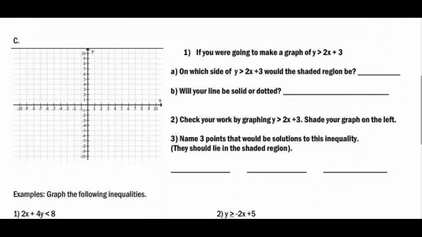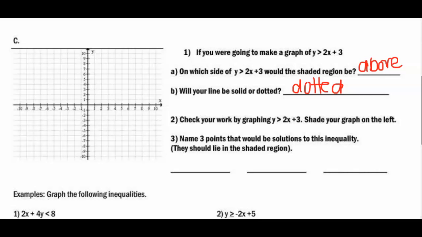Therefore, if you were going to make a graph of y greater than 2x plus 3 without even graphing it, you should be able to tell me that this graph will be shaded above. And my line will be dashed or dotted. Either one is fine. I accept both. Some textbooks say dashed, some say dotted.